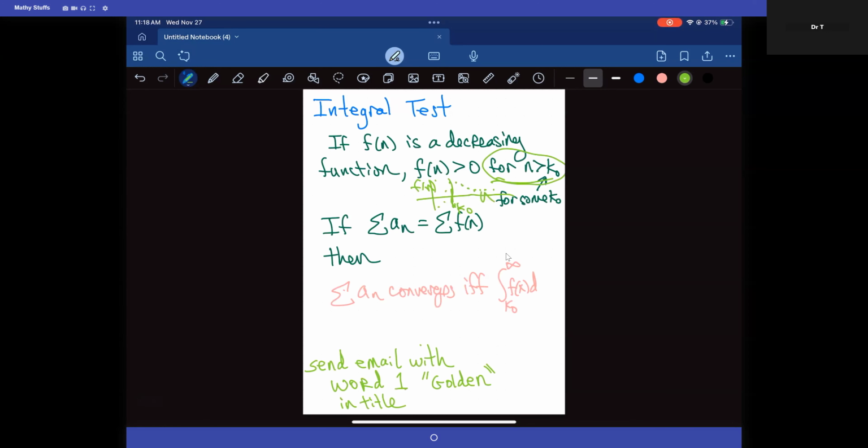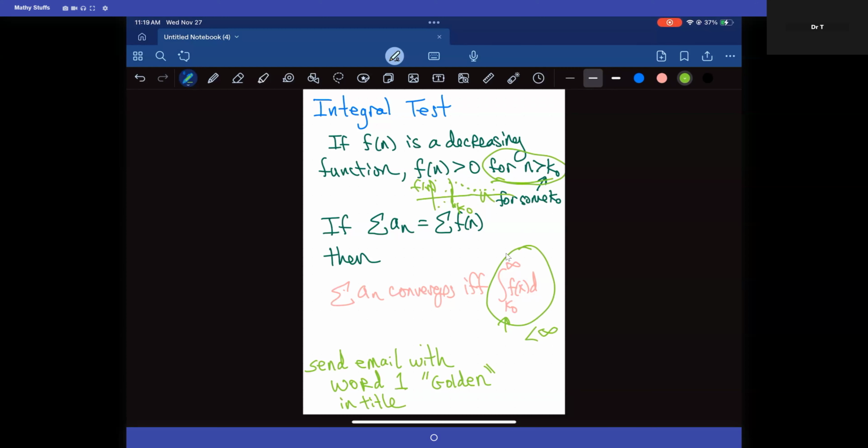So if the nth term, if I treat it like a function and I integrate from the place where it starts being positive and decreasing up to infinity, if this integral converges, remember what that means? It's finite, and we can actually get a finite value out of it. There's not some kind of weirdness happening where it's just like a sine curve and we're trying to add areas that, well, that wouldn't even work because that's negative.